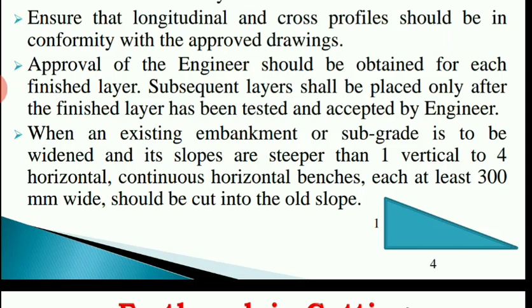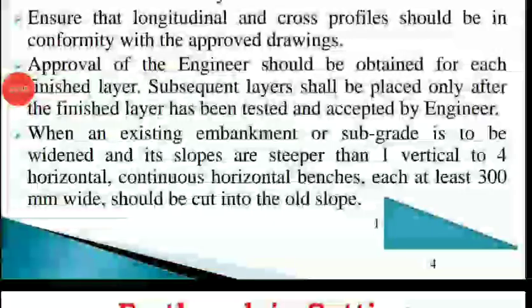The concerned engineer who is authorized for that work needs to sign on those particular works. He needs to supervise each and every layer of an embankment such that no fault arises in later conditions, right? So every layer has to be checked and verified by the engineer, and then he needs to accept the results.